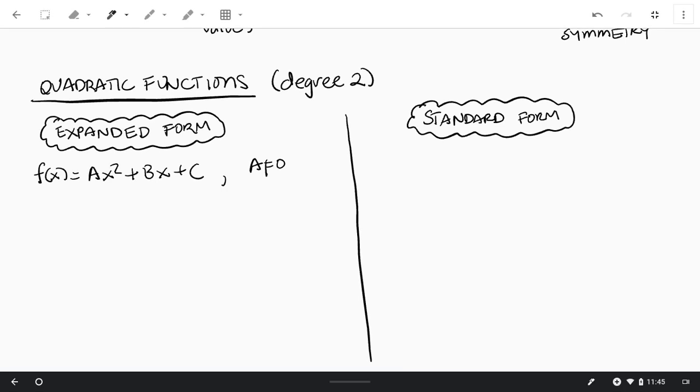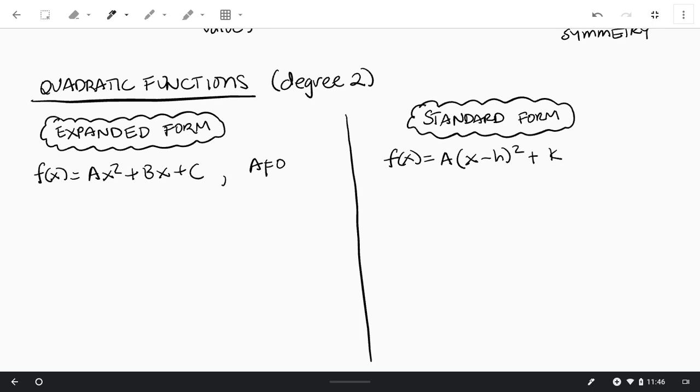And standard form, so here for expanded form, you don't have these parentheses, you have this all multiplied out. With standard form, sometimes it's also known as vertex form, that would look like this: a times the parentheses x minus h squared plus k. Here we see that we do have this grouping of this binomial squared.